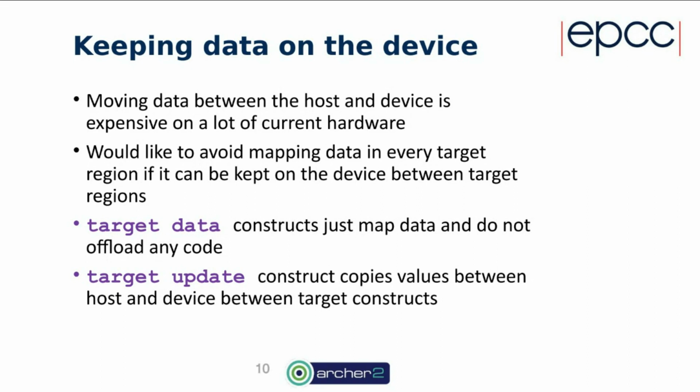If it's possible to keep it on the device, we'd rather keep it there between target regions than keep moving it back and forth. There are a couple of extra constructs that allow us to do this. The target data construct just maps the data and doesn't actually offload any code. And then there's also an update construct, which at any point lets you copy values between host and device in either direction.